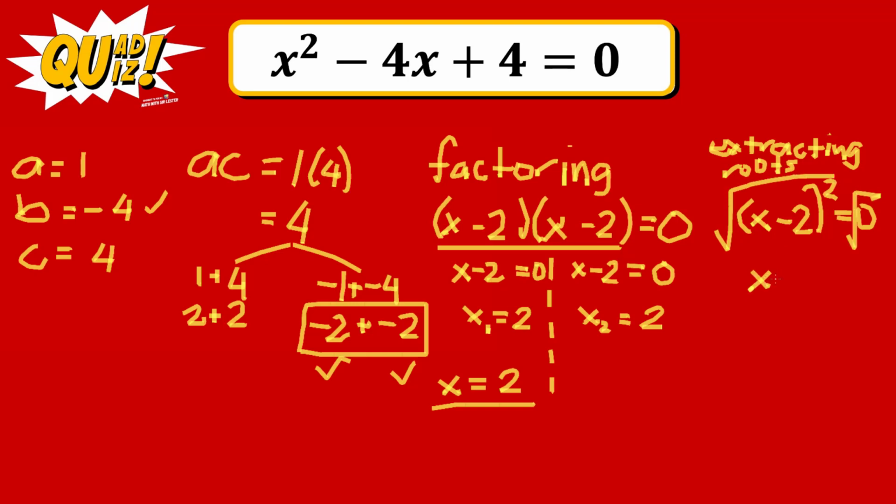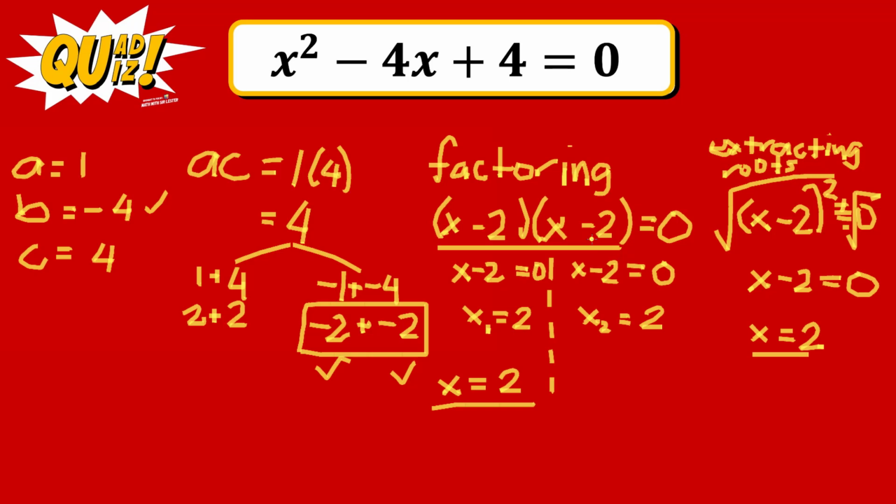We have x minus 2 equal to, of course, square root of 0 is 0. And we expect to have plus minus, but 0 is neither positive nor negative, so it stays as it is. And finally, we'll have the same root of 2. See? Factoring and extracting square roots are both possible to reach the result of 2, but this is only possible because our given quadratic trinomial is proven to be a perfect square trinomial.